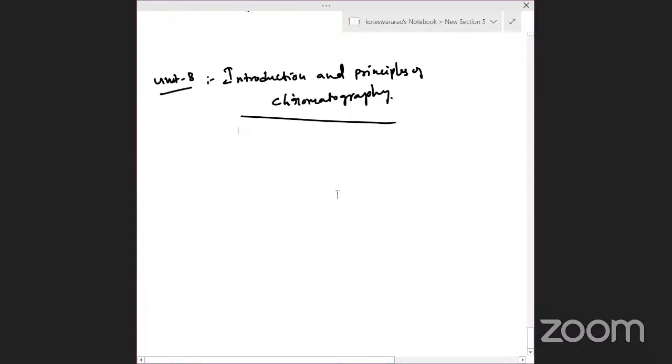Now, this is the separation method to separate compounds in a sample.